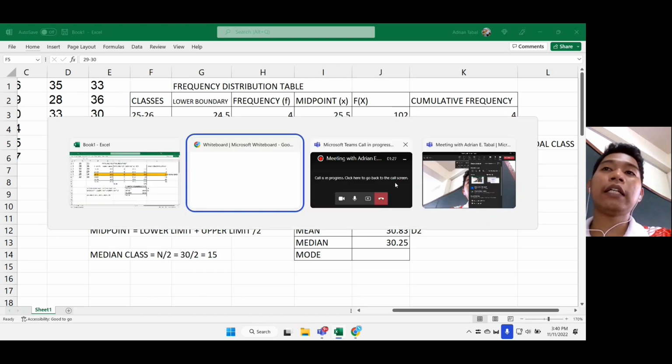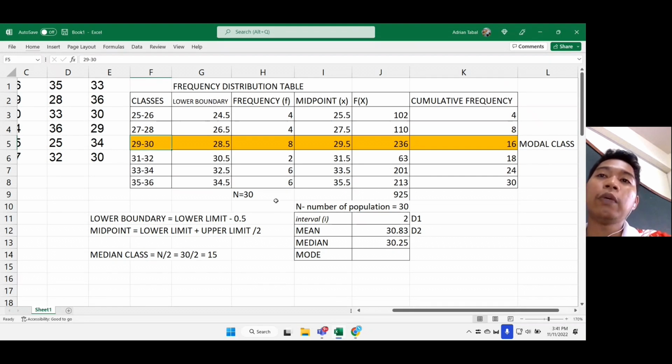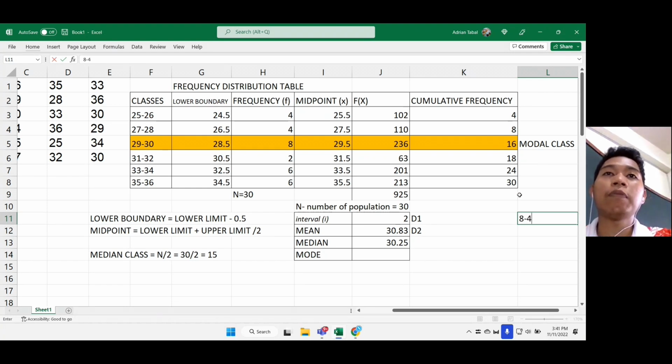The formula is the lower boundary of the modal class plus d1 over d1 plus d2, times the interval. The lower boundary is 28.5. Then D1 is the difference between the frequency of the modal class and the frequency before it. So 8 minus 4, because the frequency before is 4, equals 4.